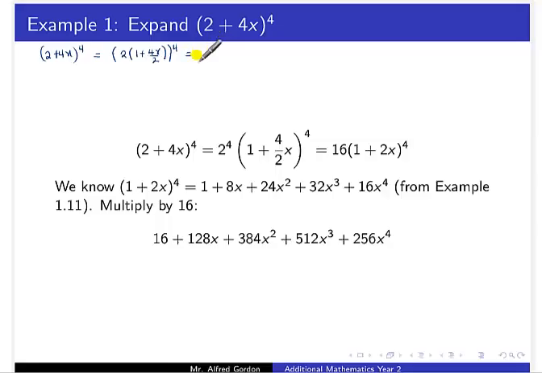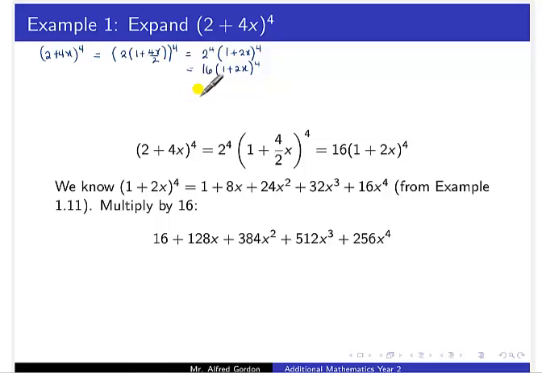This also means that we have 2 to the power 4 in a bracket 1 plus, since 4 divided by 2 is 2, 2x all to the power 4. So we can write this as 2 to the power 4, which gives us 16, times 1 plus 2x all to the power 4. All we have to do is expand 1 plus 2x all to the power 4, then multiply our results by 16.